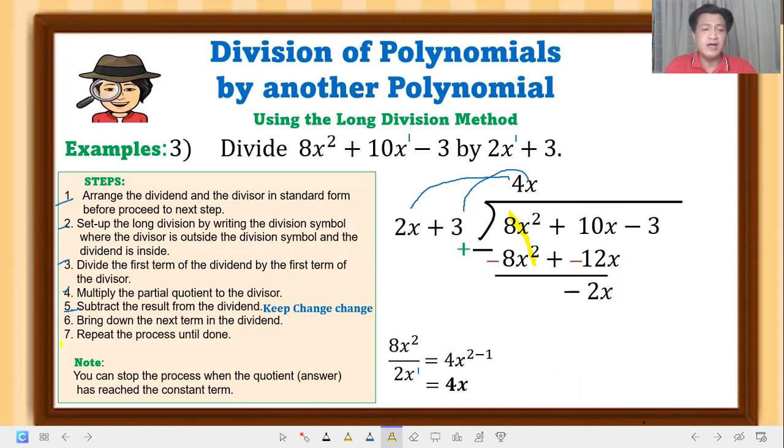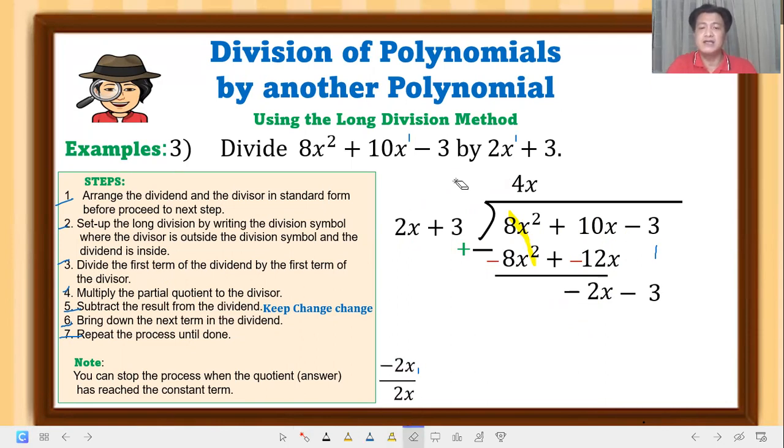Okay, then after that, sabi doon, di ba, i-bring down natin. I-bring down natin yung next term. Ito yon, yung minus 3. And then you have to repeat the process. Okay, divide ulit natin si negative 2x doon sa 2x na first term sa divisor. Okay, so meaning to say, this is the solution para masundan natin, di ba?